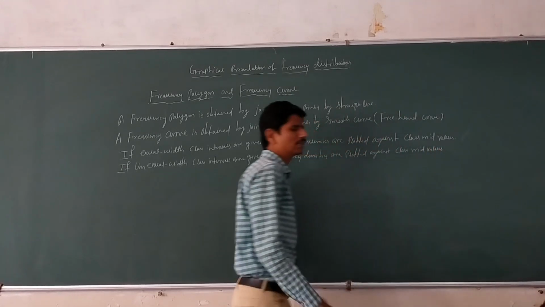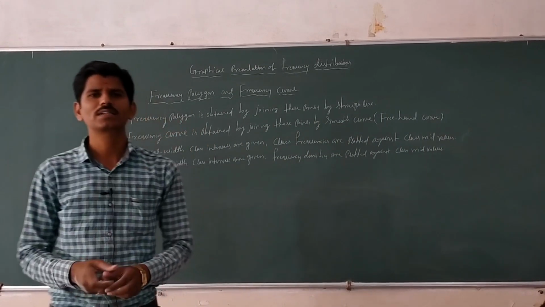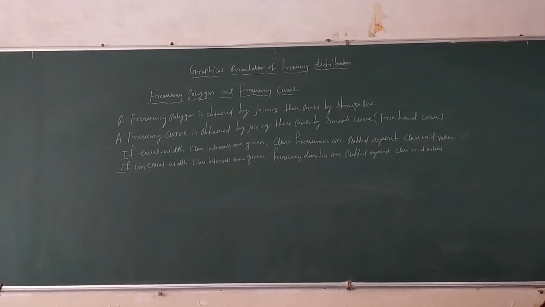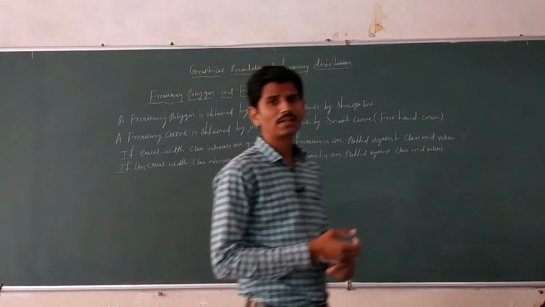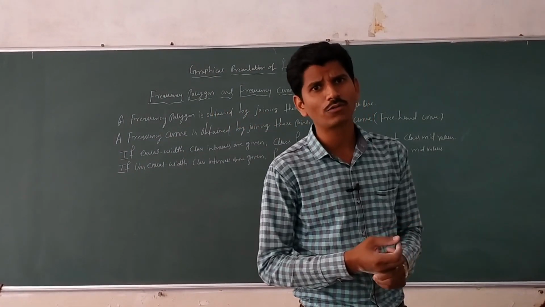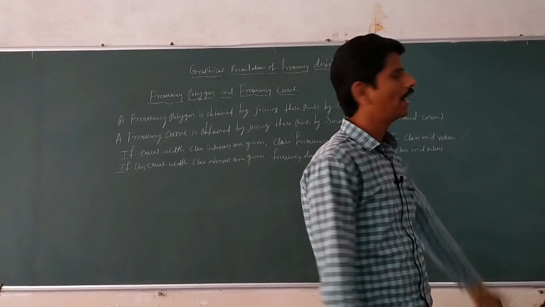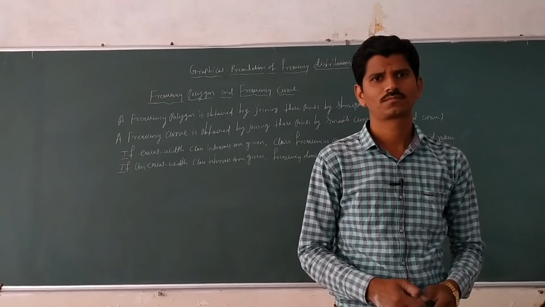Here, two conditions are there. The first condition is, if the class intervals are of equal width, then class frequencies are plotted against class mid values. The second condition is, if the class intervals are of unequal width, then the frequency densities are plotted against the class mid values.